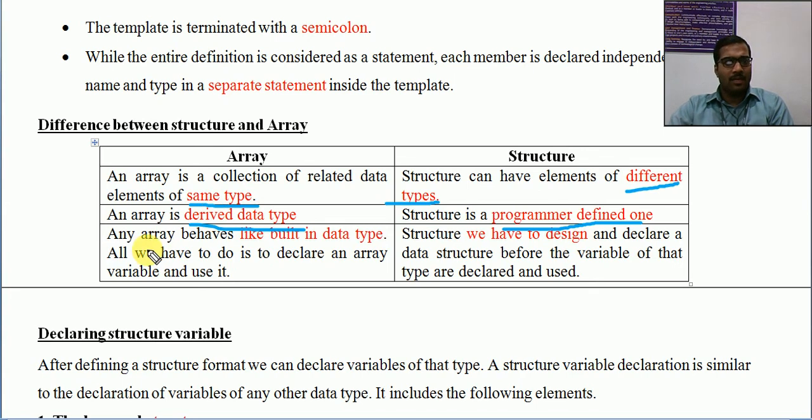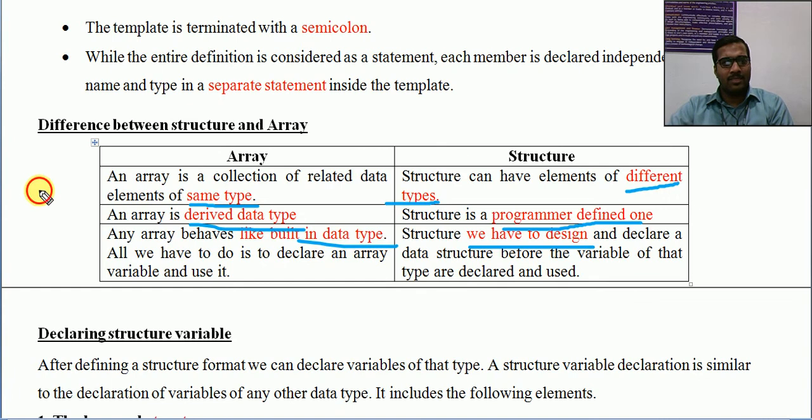Okay, now any array behaves like a built-in type. All you have to do is declare an array variable and use it, but for a structure we have to design and declare. While doing the declaration, we have seen that we are giving all the information that is required for that particular structure data type.